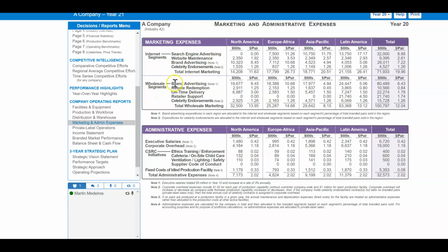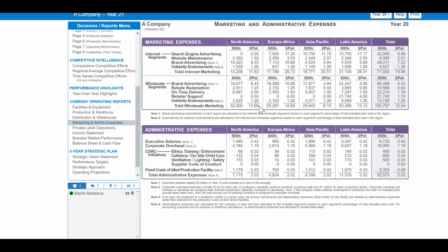So marketing is based upon 5 factors: advertising, rebates, the delivery time, retailer support, and celebrity endorsements. And you can see how much they're spending in a particular region, and then they break it down spending per pair. So this team was spending about $14 per pair for marketing.